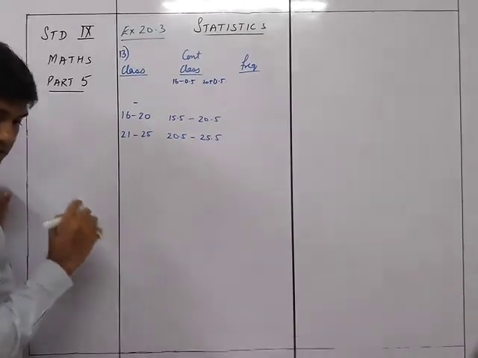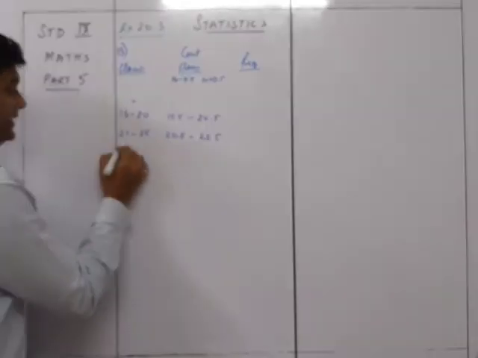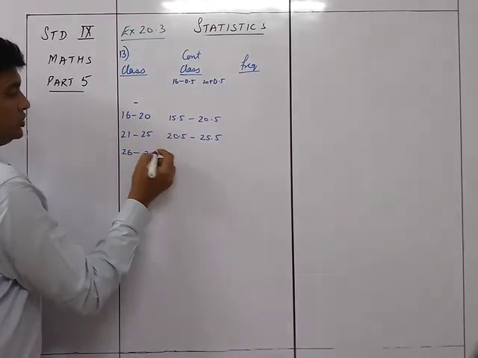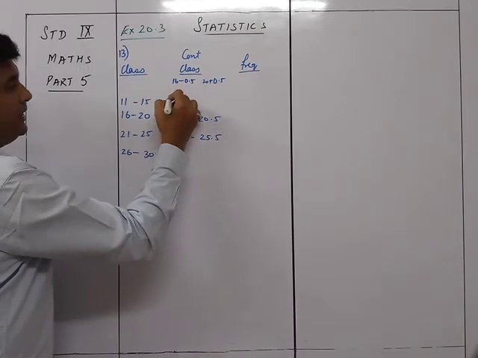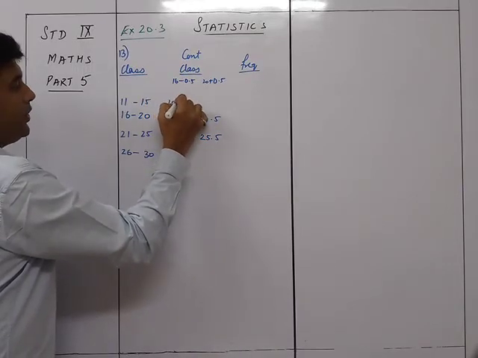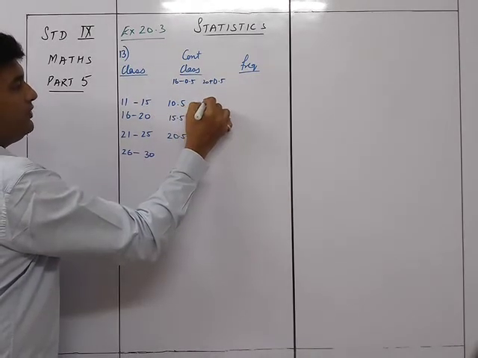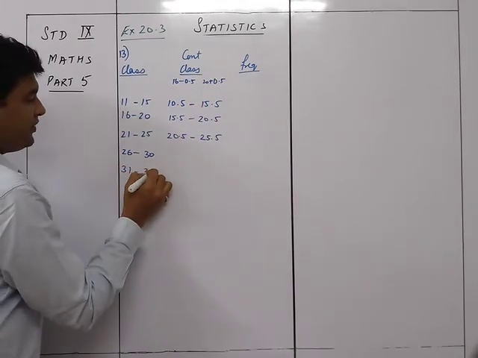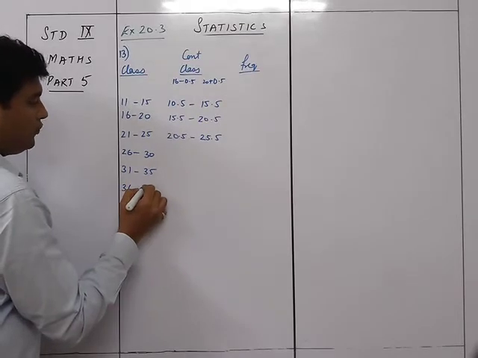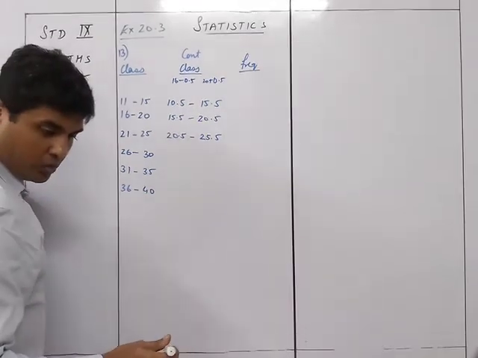One step ahead of this one, I'll just note this down. So 26 to 30. Again here it will be 11 to 15, so here it will be 10.5 to 15.5. That will be 31 to 35, 36 to 40, and you need to go up to 50.